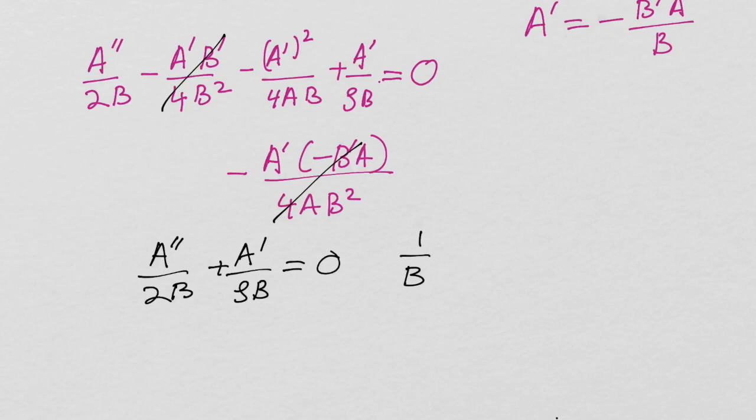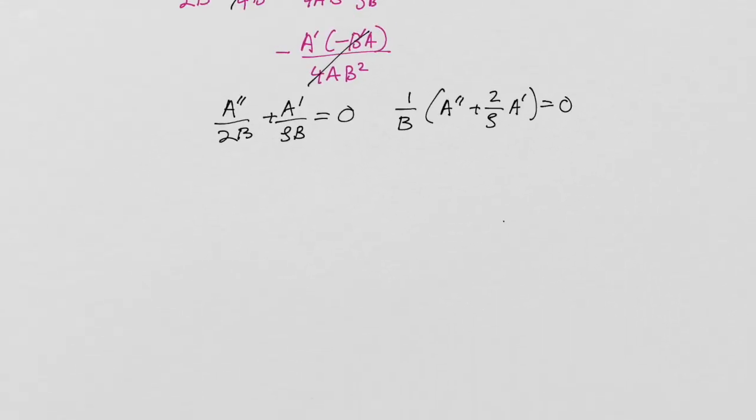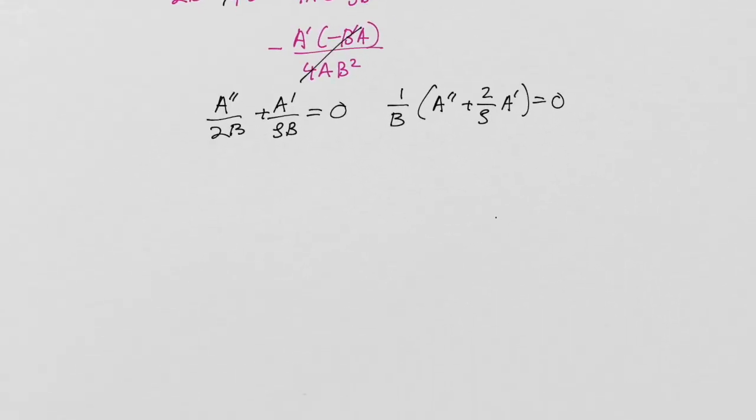Multiply by 2 and pull out b, so then we end up with a prime prime plus 2 over rho a prime equals 0. And that means that our differential equation that we have to work with is a prime prime plus 2 over rho a prime equals 0.